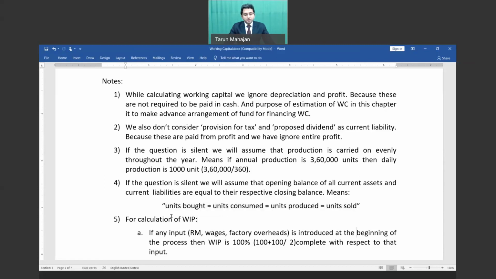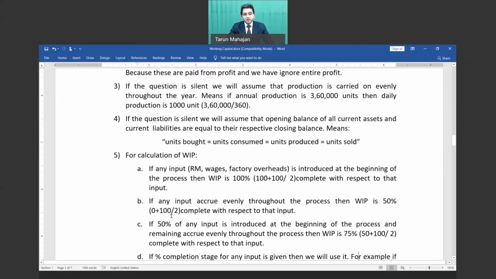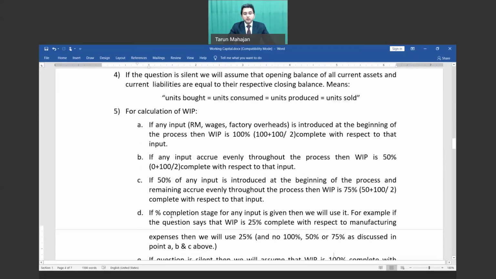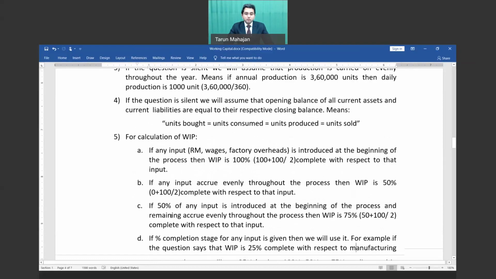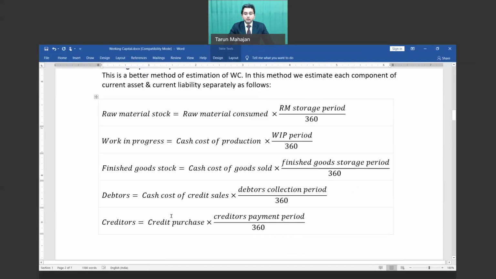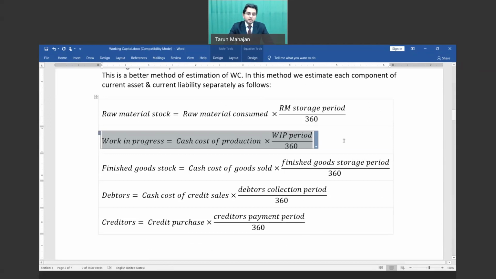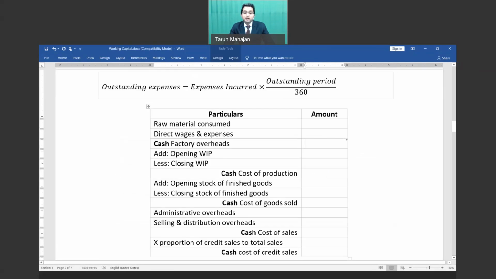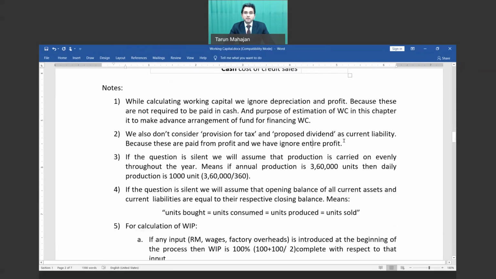Now here comes a very complicated concept which is called calculation of WIP. Though we have seen a formula that WIP is cash cost of production into WIP period divided by 360, this formula is rarely used. Rather, WIP is calculated using the concept of process costing.